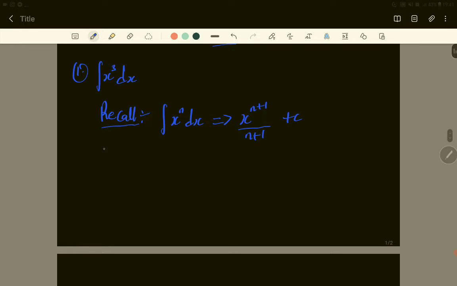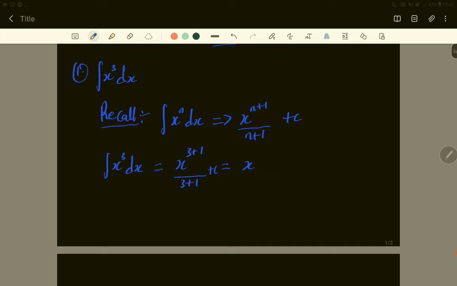So I'm going to have integral of x to the power of 3 dx is equal to x to the power of 3 plus 1 divided by 3 plus 1, plus c.